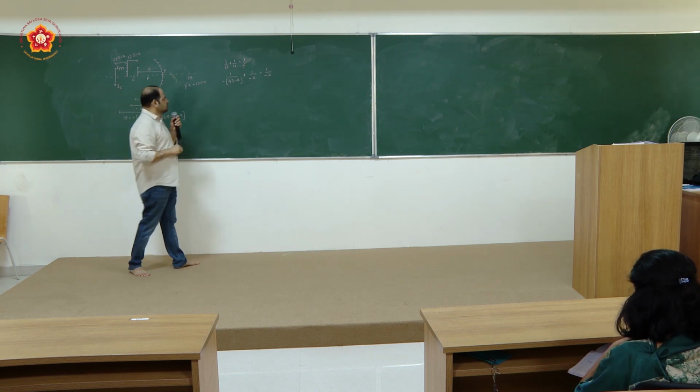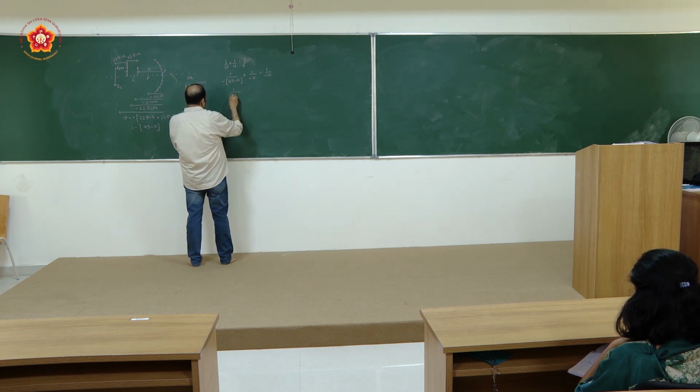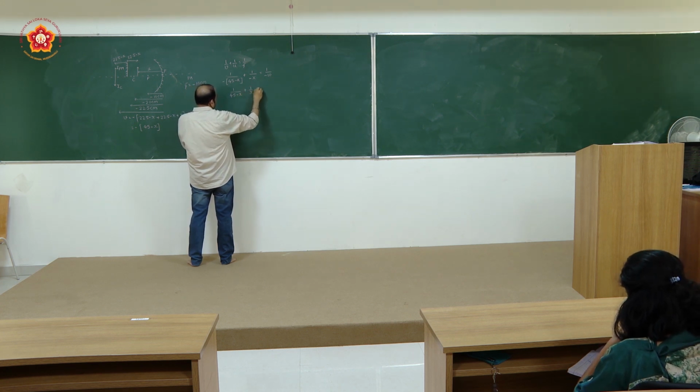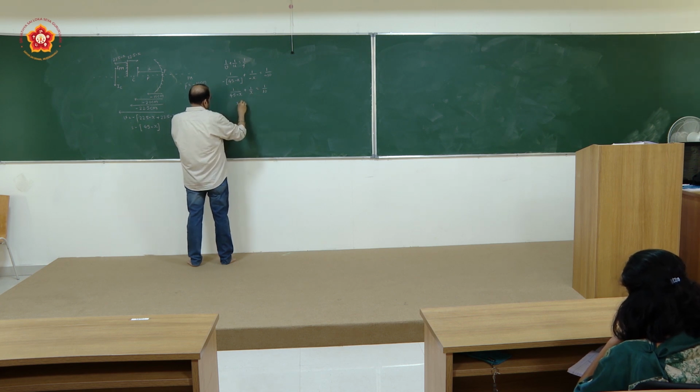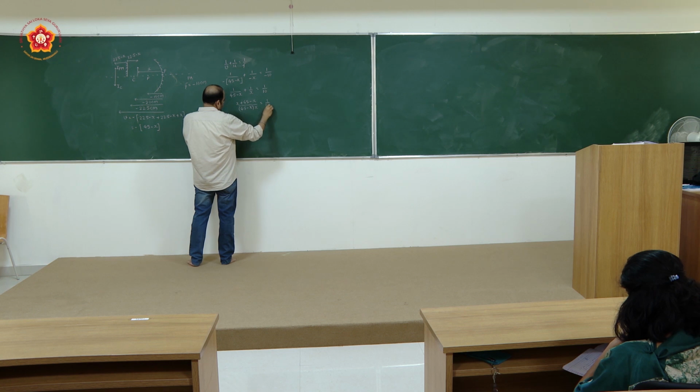So you will be able to get this as 1 upon 45 minus x plus 1 by x is equal to 1 by 10. So you will be having x plus 45 minus x divided by 45 minus x multiplied by x is equal to 1 by 10.